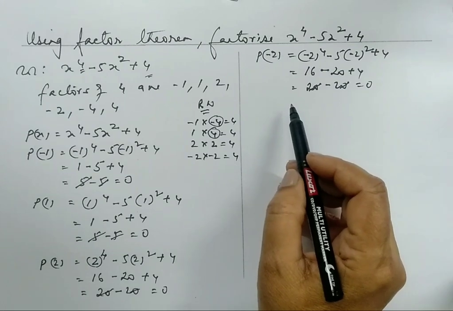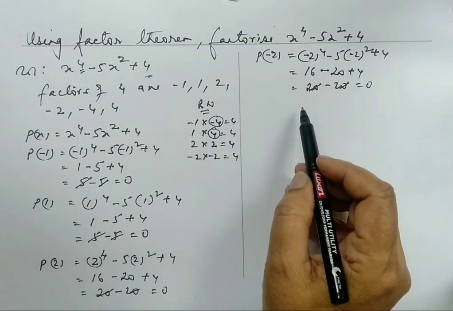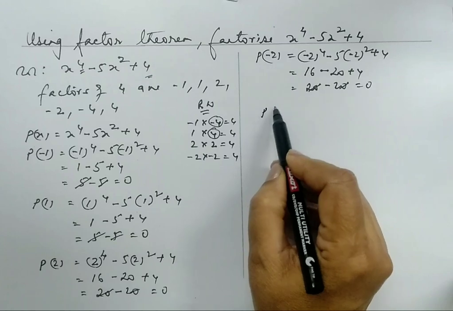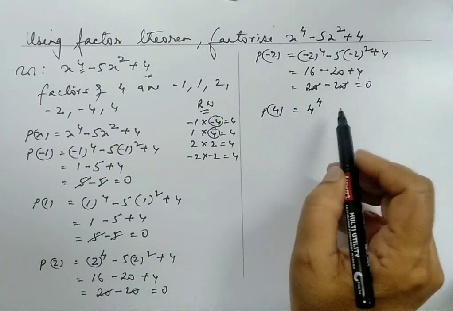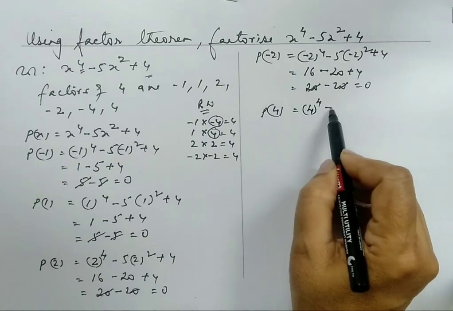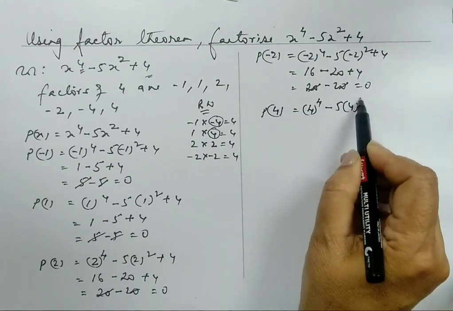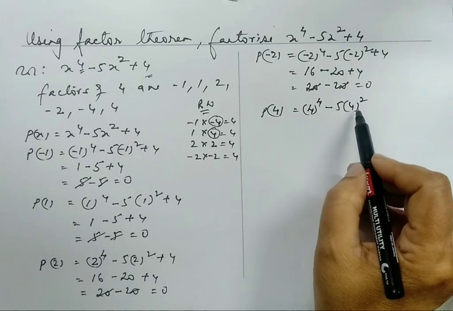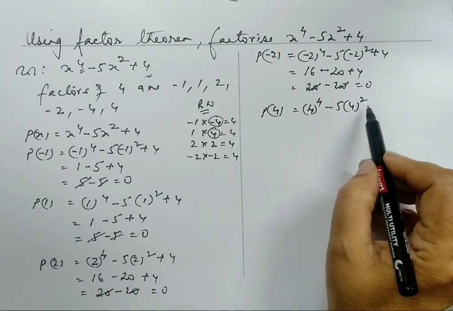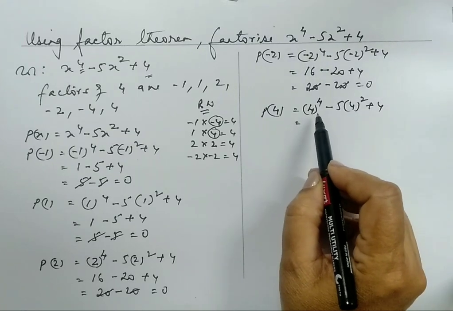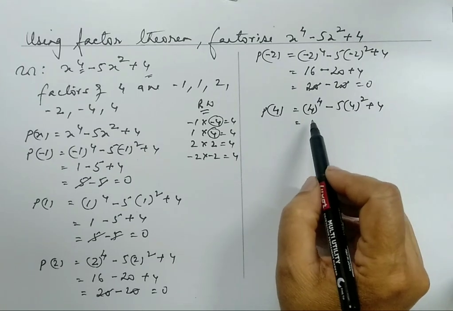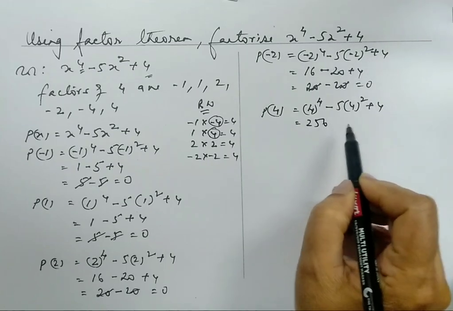Alright guys, so when we try that, we write 4 first. We get 4 to the power 4, minus 5 multiplied by 4 to the power 2 plus 4. So 4 into 4 is 16. 16 times 16 we'll get 256.